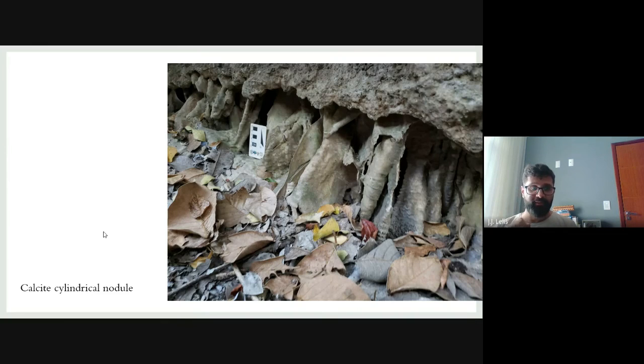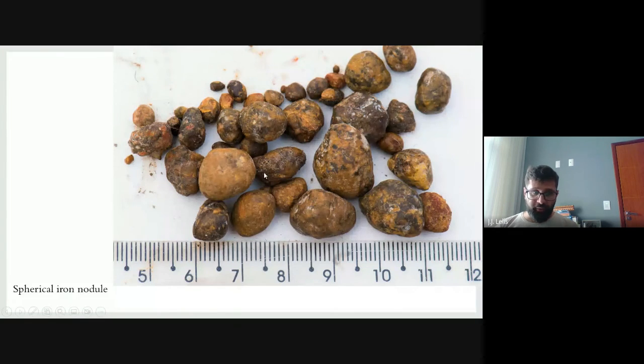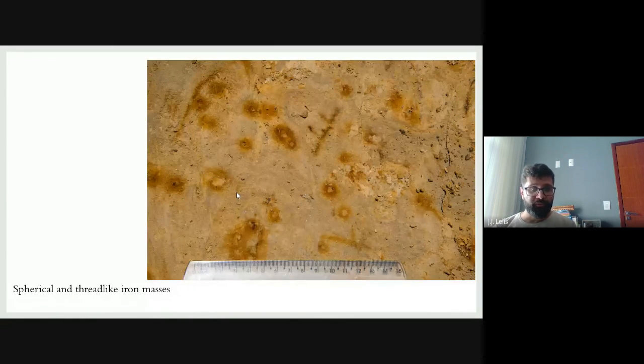A calcite cylindrical nodule, in this case, these rhizoliths that we saw in the beginning of this class, present a cylindrical shape. Spherical iron nodules, in this case. Spherical and thread-like iron masses, we can see this spherical and this thread-like, they are like some roots, okay, and show us that we have two different processes that create these iron masses.